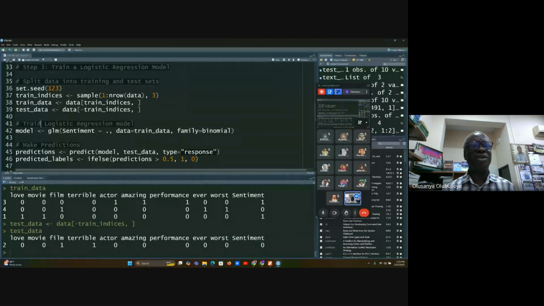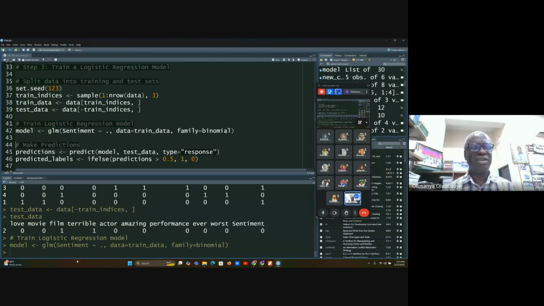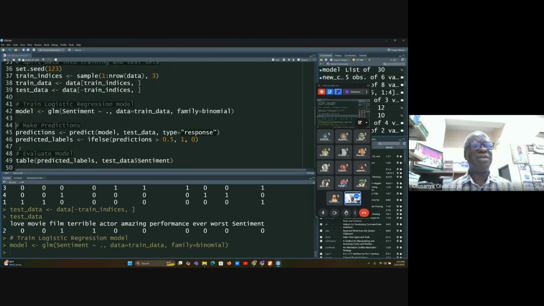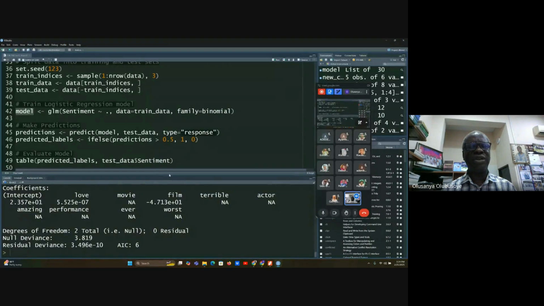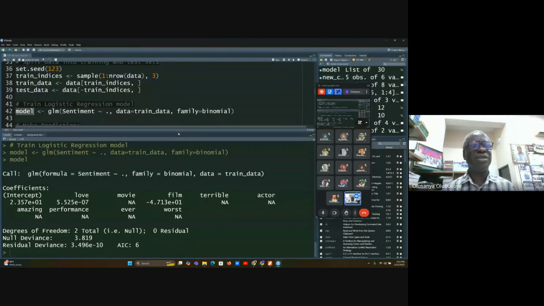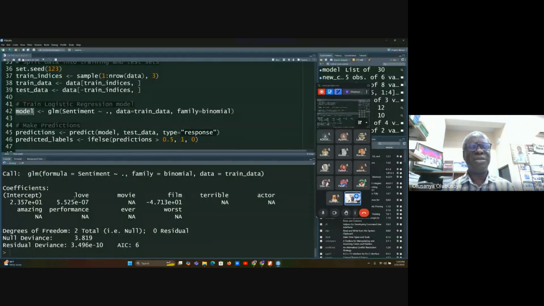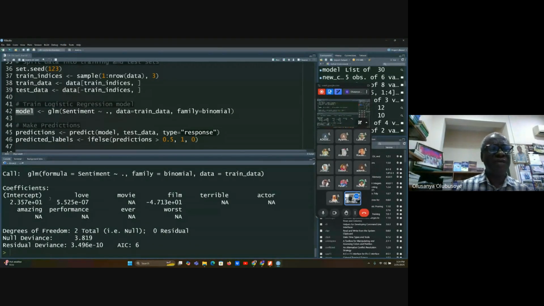So this is where we are going. And this is where we would now use the training data to build the logistic regression model. Line 42 will help you to achieve that. And then of course, if you want to see the content of the model, you can see it, which will give you the coefficients.